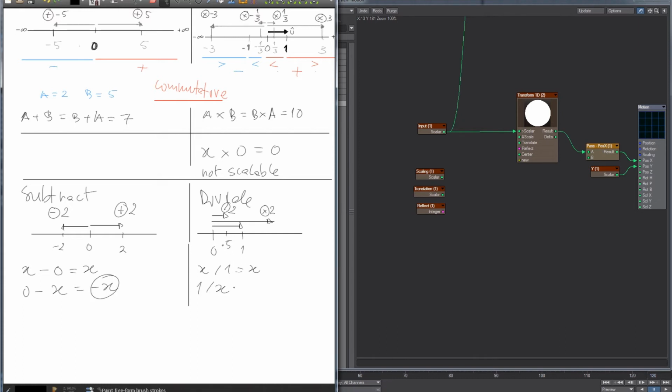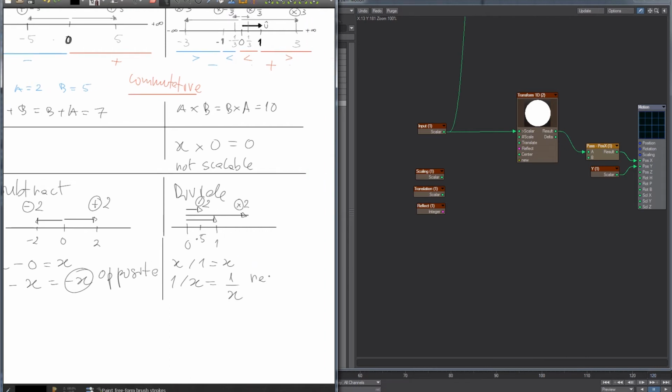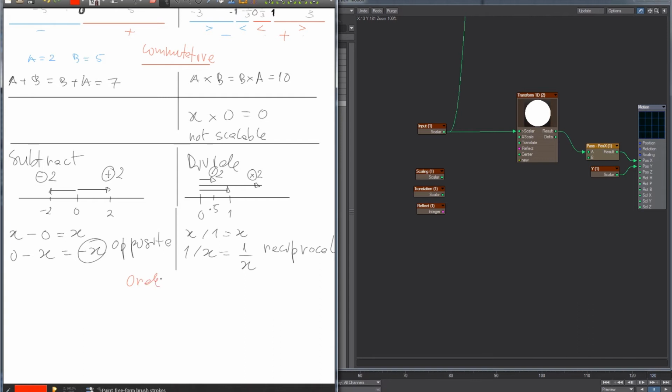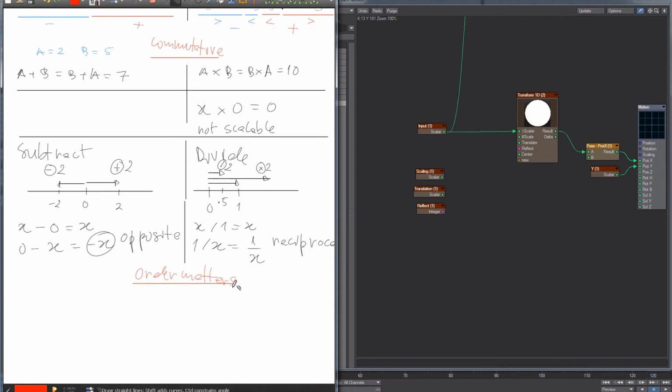And the identity divided by anything is going to give me the multiplicative inverse of whatever was my input. So with the value inversion here, I get the additive inverse or opposite, and here I get the multiplicative inverse or reciprocal.